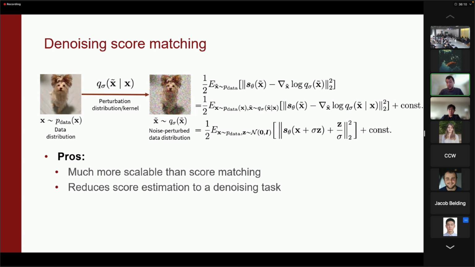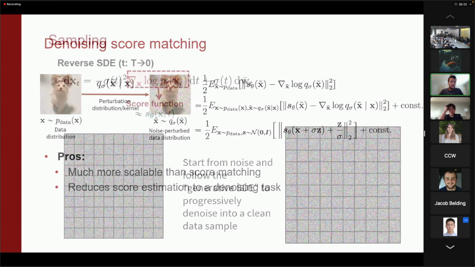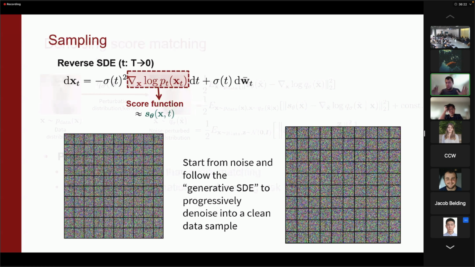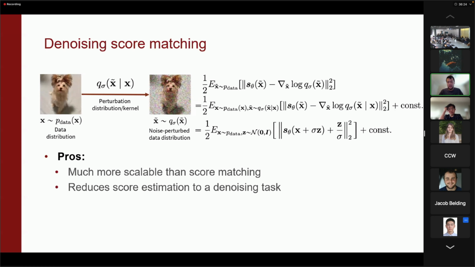And the best way to solve this denoising problem is to basically estimate the score function of the underlying noise perturbed data density. I don't have the slide here, but there's something called Tweedie's formula that basically relates denoising problems to score functions.